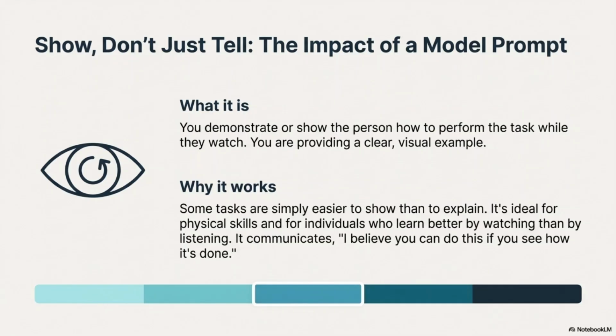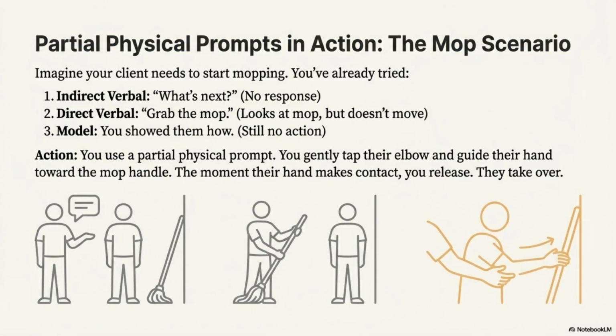Use models when verbal prompts aren't working. The task involves a physical skill that's easier to show than explain. The person learns better by watching than by listening. Example from job coaching. Your client needs to learn how to sweep crumbs out of a corner and into a dustpan. You've tried verbal prompts. Sweep the crumbs toward the dustpan.